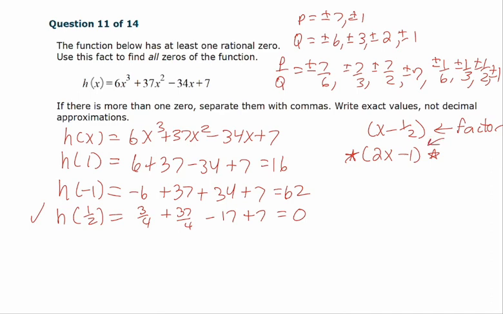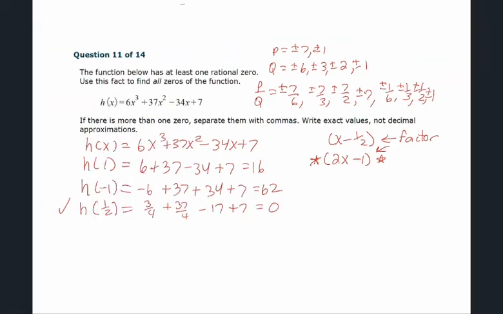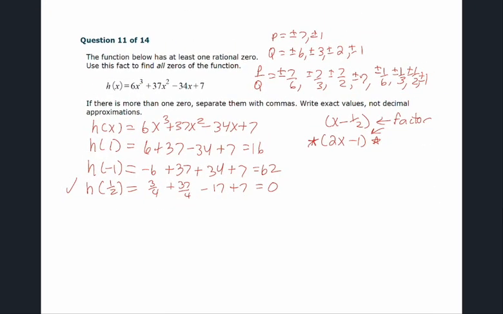Now, that is not eligible for us to use synthetic division because of the fact that there's a 2 on the x. If I just put 1/2 and then multiply by 1/2 every time for synthetic division, it won't work completely right.